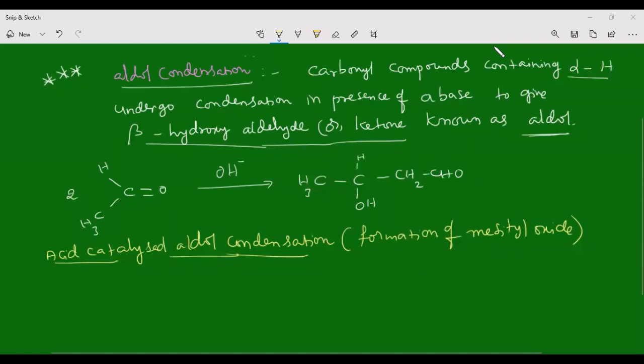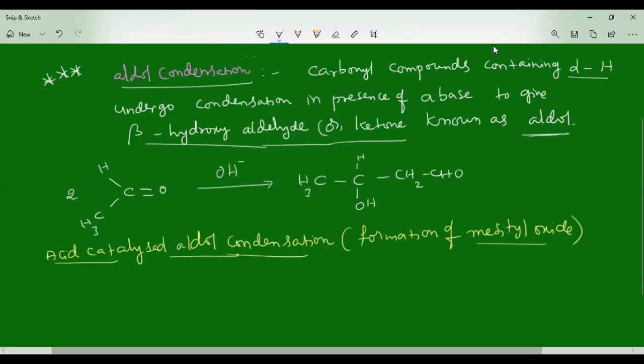If this aldol condensation reaction takes place in the presence of an acid, we call it the acid catalyzed reaction. In this, you will take dry HCl. The product name we are writing is mesitylene. This takes place when we take acetone only.